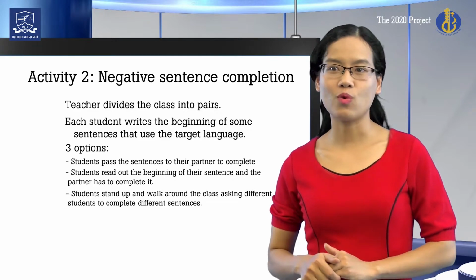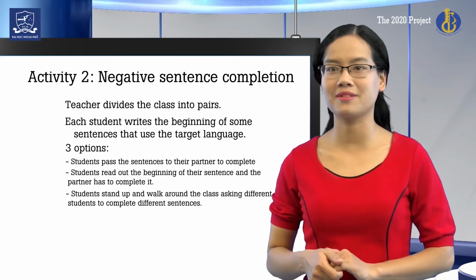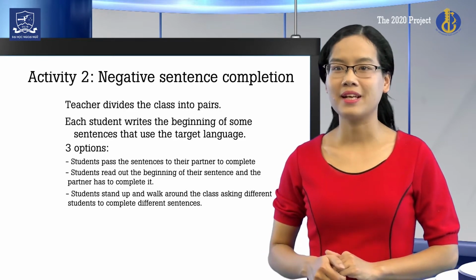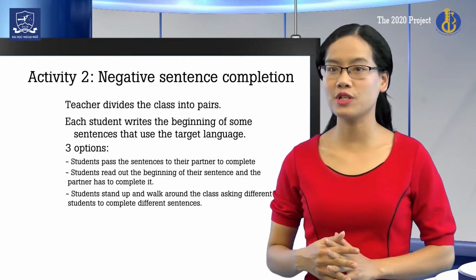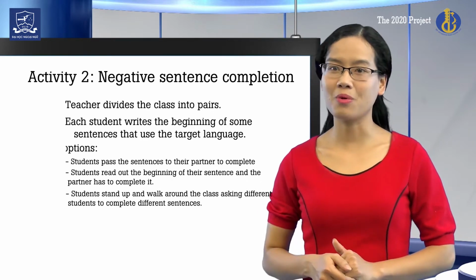This activity also contains a lot of repetition in the target language. It helps students acquire language more easily. They also have chances to use the language in a meaningful way, which is to talk about their own lives.